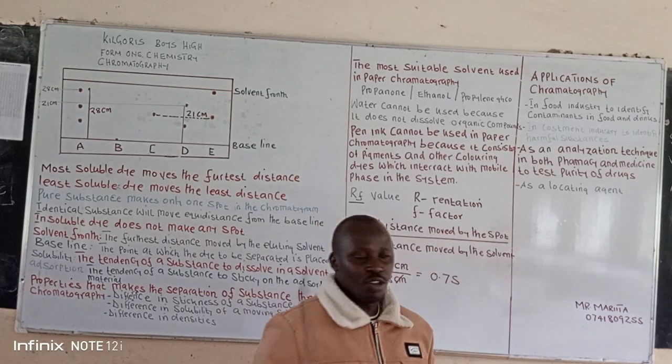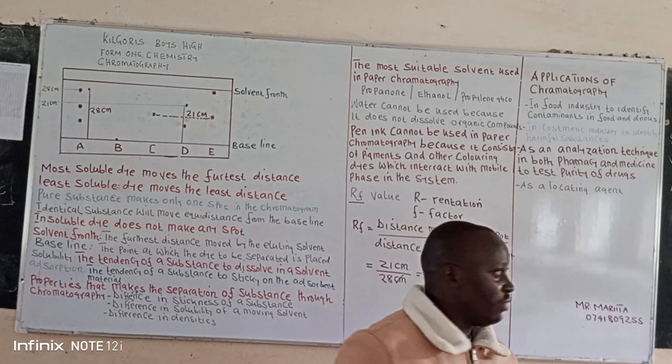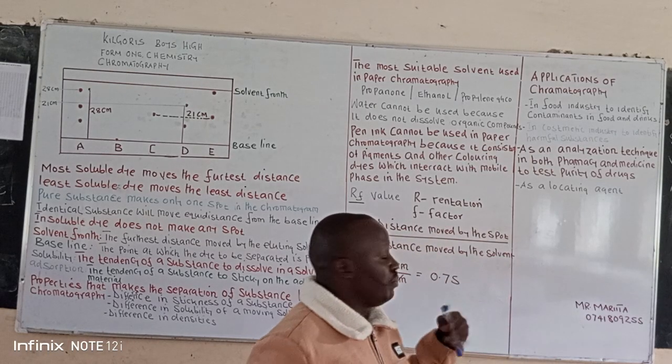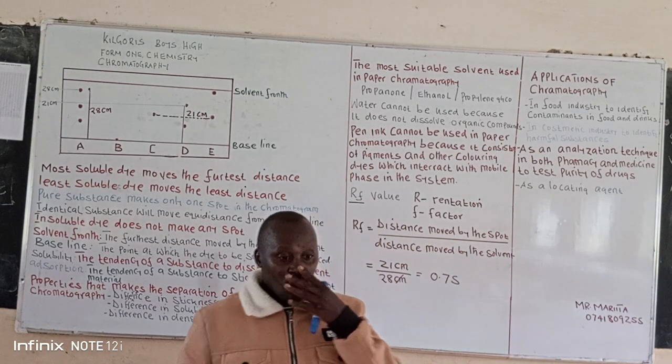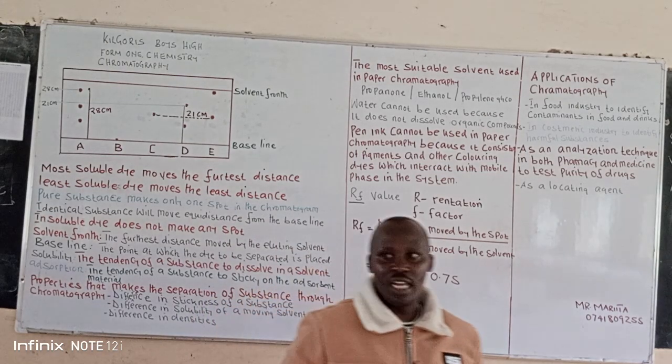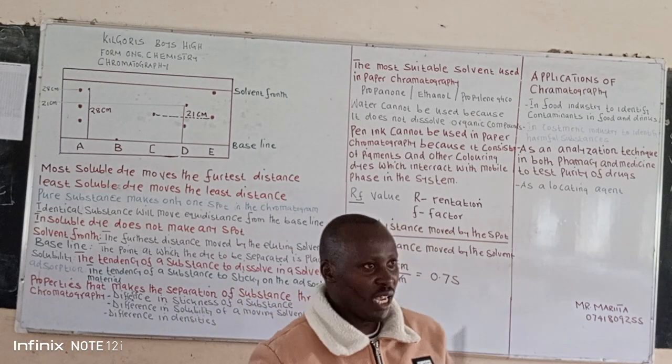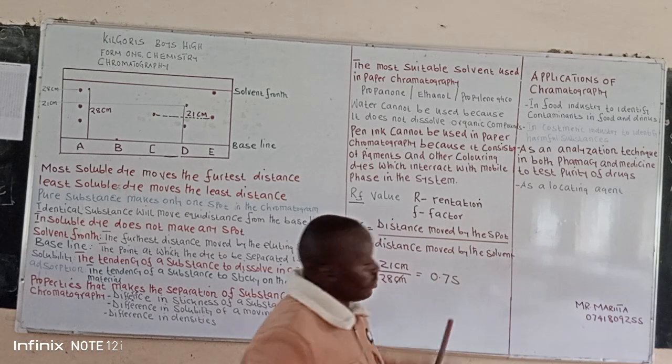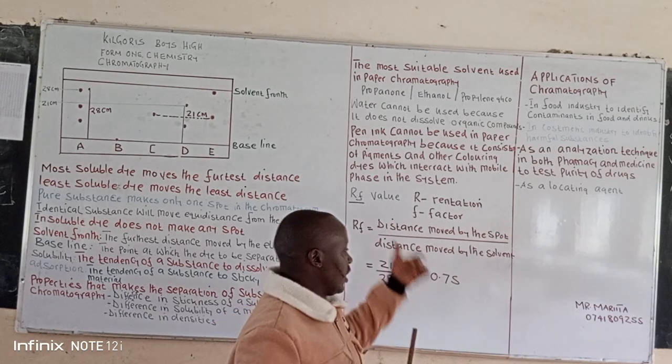It can also be used as a locating agent, and in sports to identify illegal substances in the blood of athletes. Those are some of the applications of chromatography.